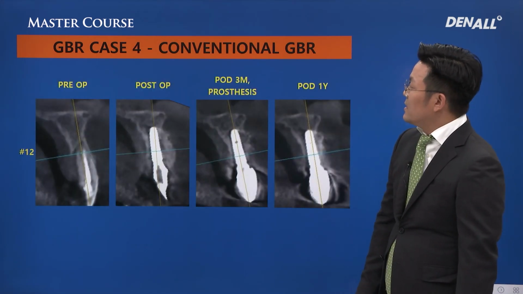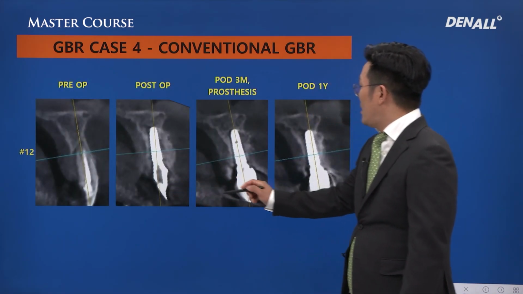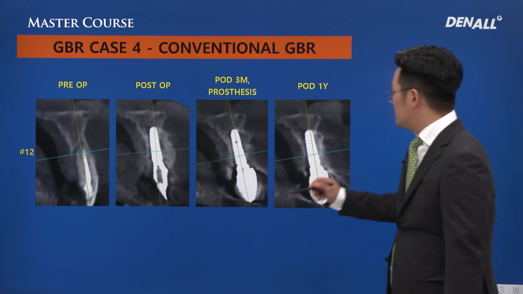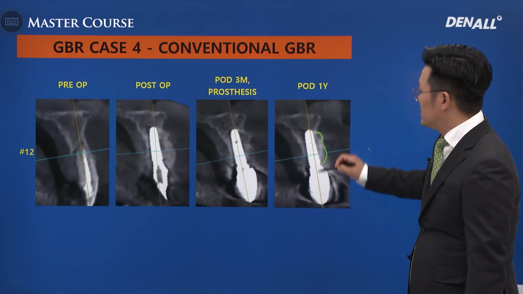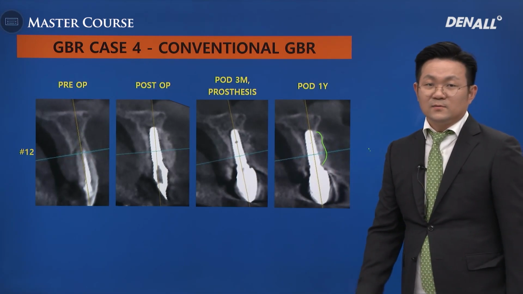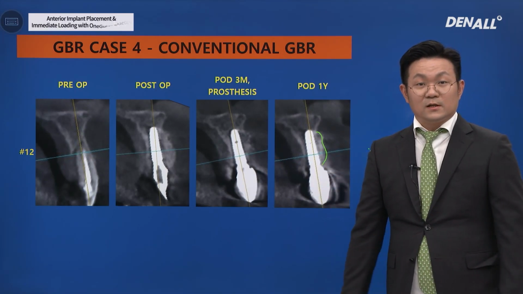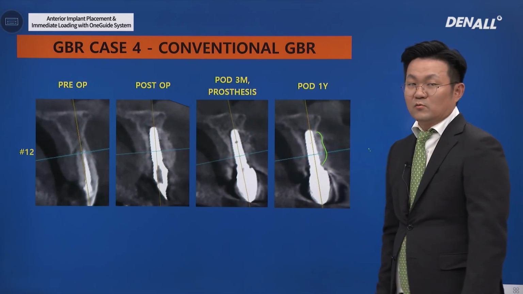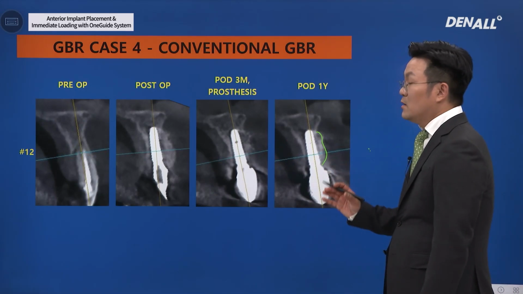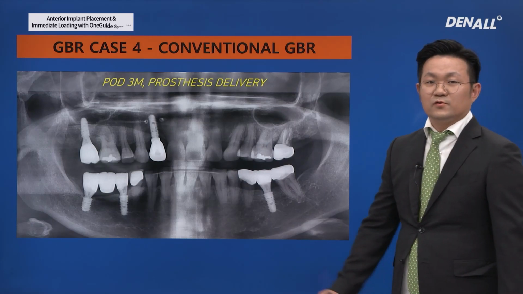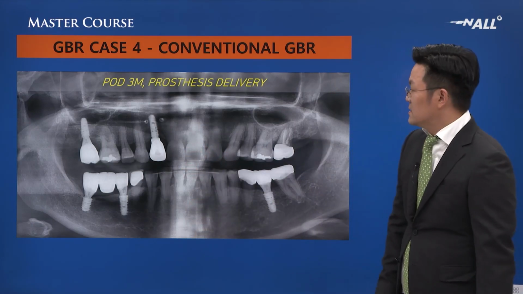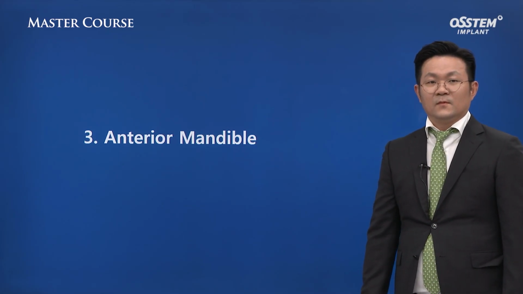So for this patient, after the operation, there was a lot of augmentation, but it was resorbed, and after surgery, only 3 millimeters of bone remained. But this is quite okay, satisfactory, and can support soft tissue with even that bone volume. And the prosthesis was then delivered.